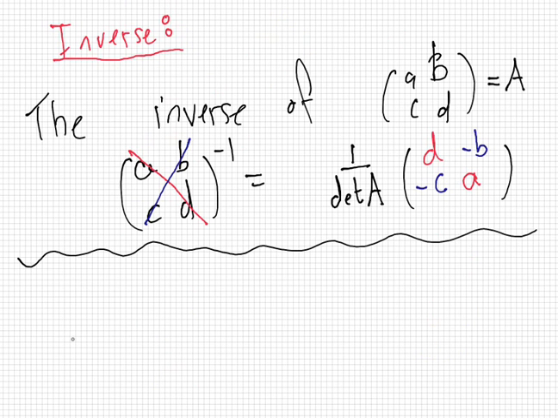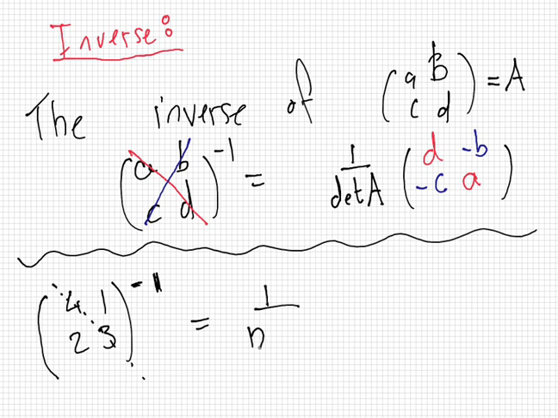For example, I want to calculate the inverse of this matrix. What's its inverse? Well, first I do 1 over the determinant. I swap these, I multiply these. What's that? 12 minus 2. Okay.